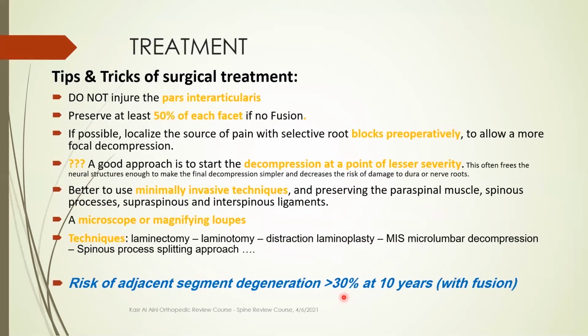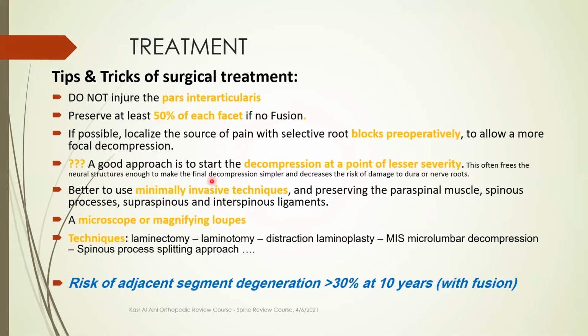Take care, do not injure the pars interarticularis. Preserve at least 50% of each facet if no fusion is planned. Try to localize the source of pain preoperatively by selective blocks to allow a more focal decompression. A good approach is to start with the point of less severity.